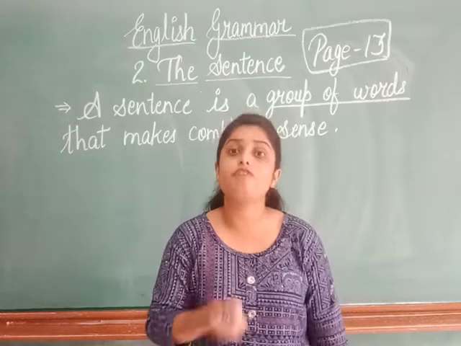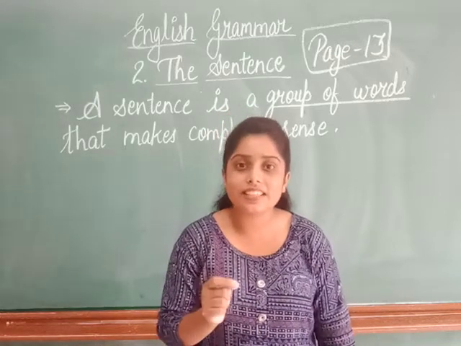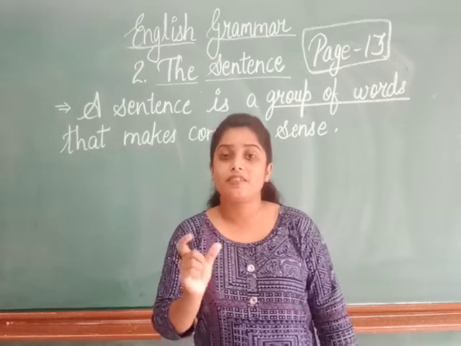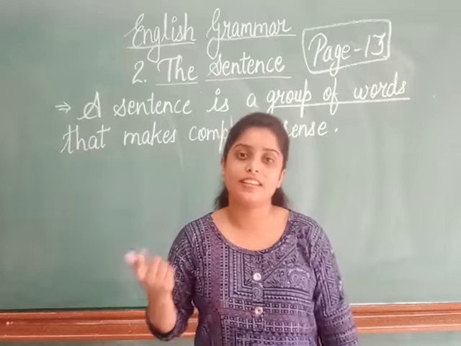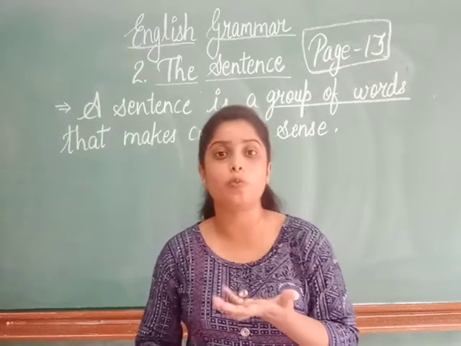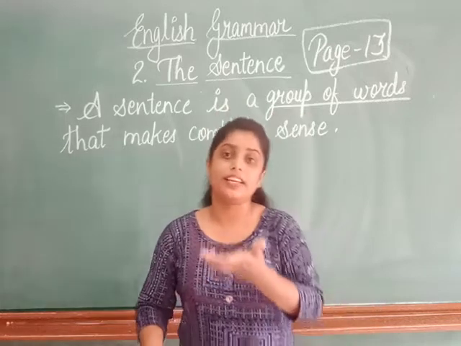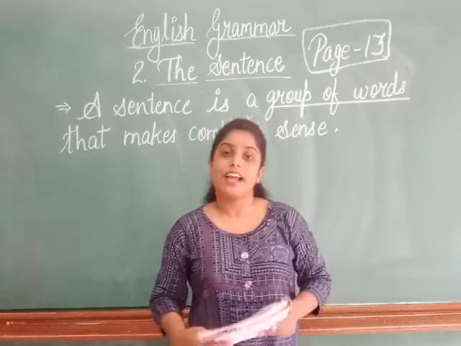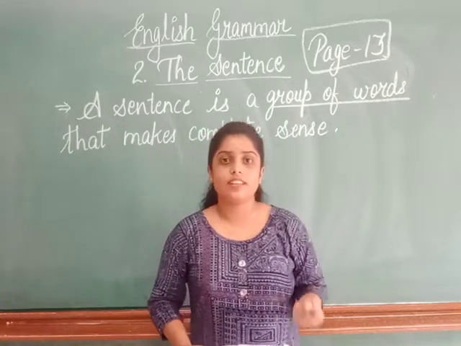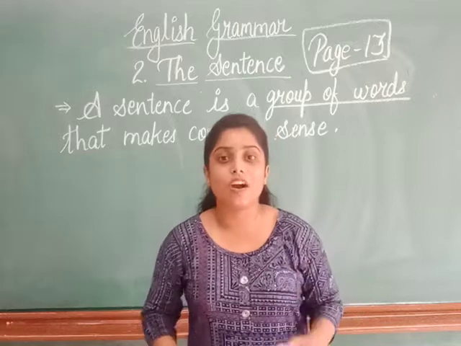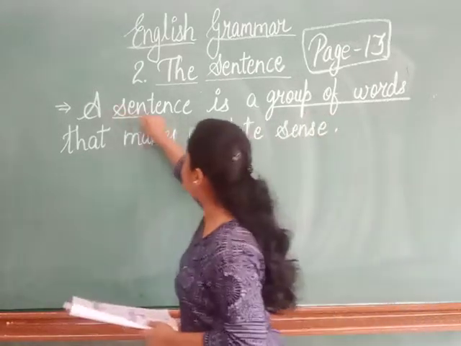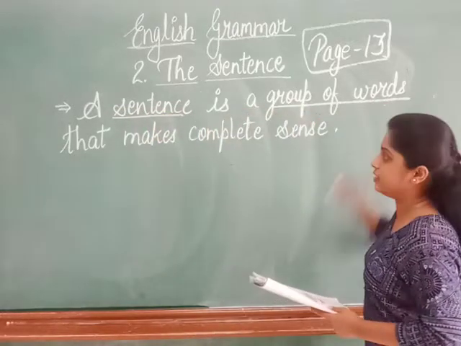A word is a group of letters that are arranged in a meaningful order, in a way which is readable. बहुत सारे लेटर्स का एक ग्रुप होता है, लेटर्स से मिलके बनते हैं वर्ड्स. And similarly, a group of words is called a sentence. So what is a sentence? A sentence is a group of words.